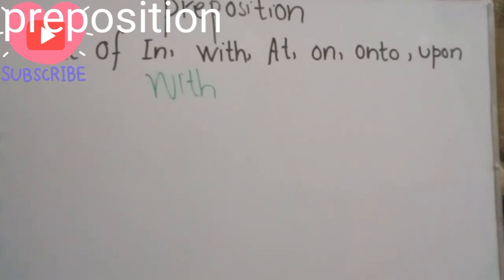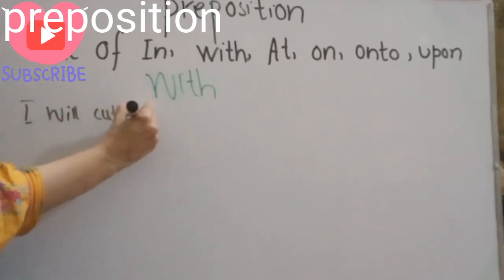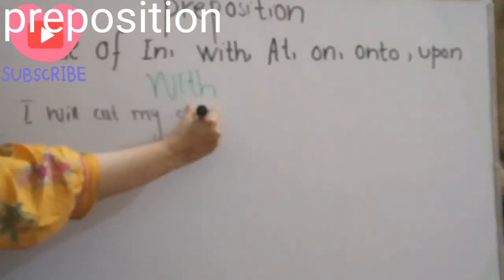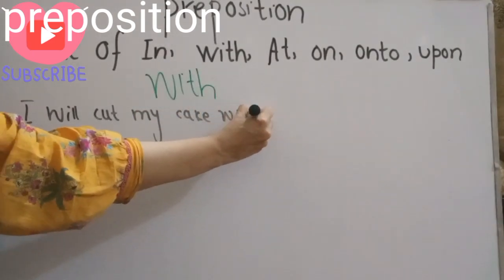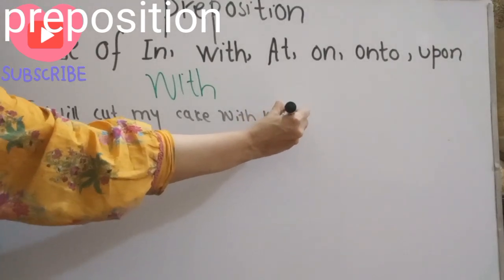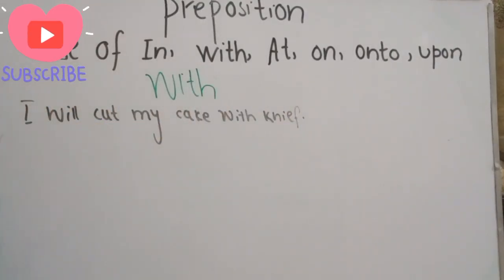For example, if I say I will cut my cake with knife, it means a source: with which thing do I cut my cake? With knife.